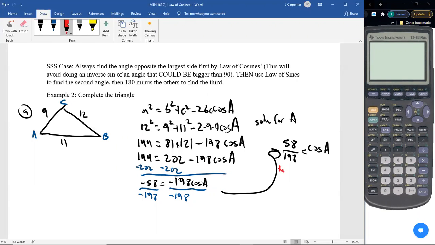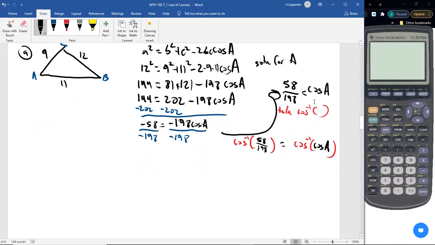And then we take the inverse cosine of both sides to cancel out that cosine. So we get inverse cosine of the 58 over 198, and then inverse cosine of the cosine of A. The inverse cosine and the cosine will cancel as long as we're in quadrant 1 or 2, which we definitely are.